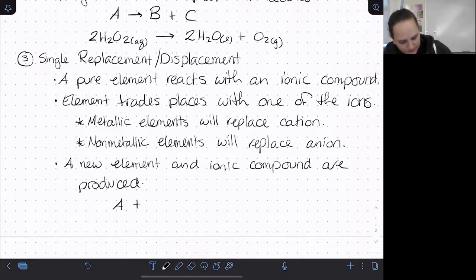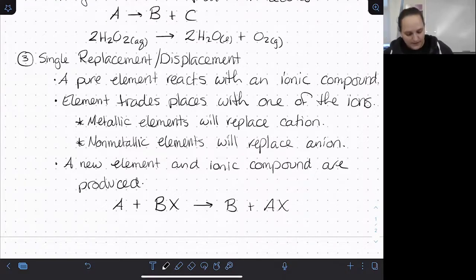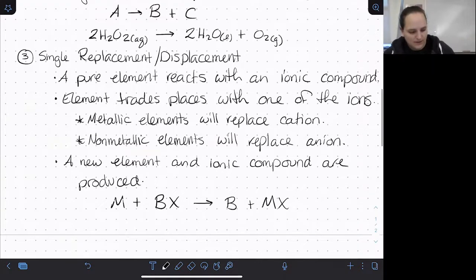So, a generic example might look something like this. M is a commonly used symbol for a generic metal, so that makes sense here.